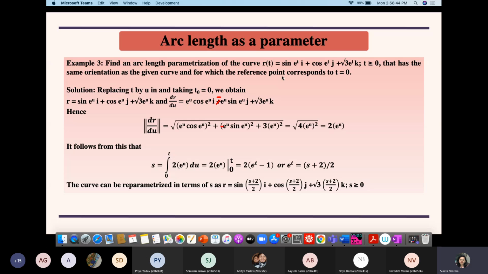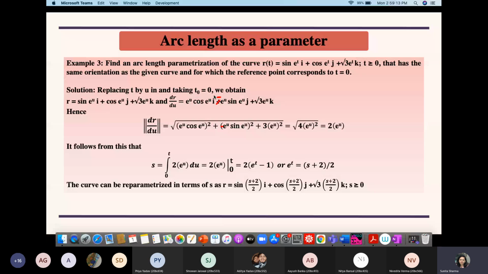But your syllabus doesn't mention anything of that sort. On the first or second page of the syllabus, you can see you just have the topic arc length, which is to calculate arc length, and the second thing is arc length parameterization. Only this particular type of parameterization is to be done according to the syllabus.